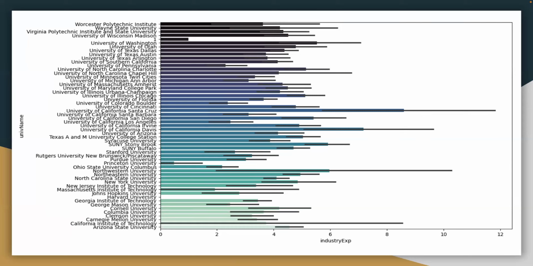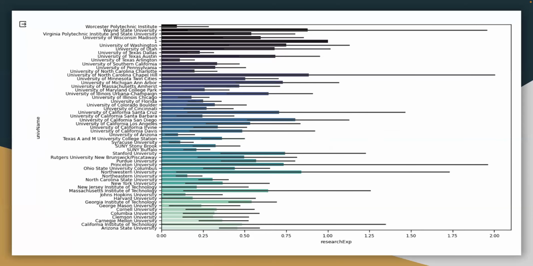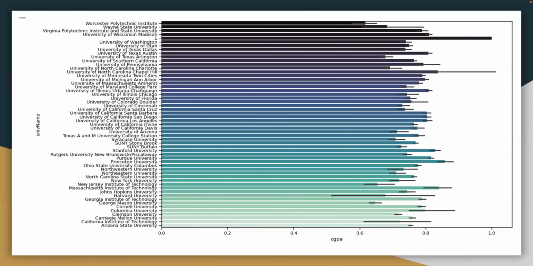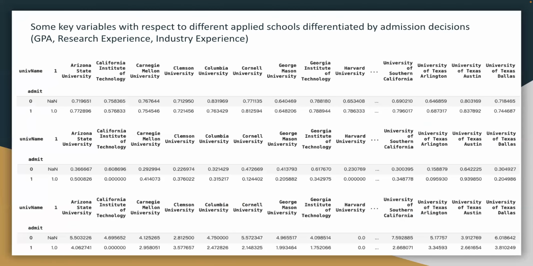After the data processing, we visualize some attributes of the data. As you can see there, with respect to university names, universities such as UCSC and California Institute of Technology are looking for applicants with more industry experiences. And schools like Princeton University and UNC would tend to look for applicants with more research experiences. And almost all the schools require a high college GPA.